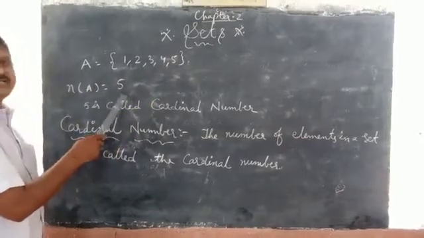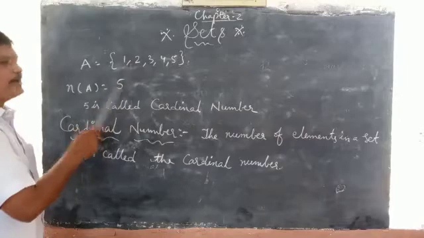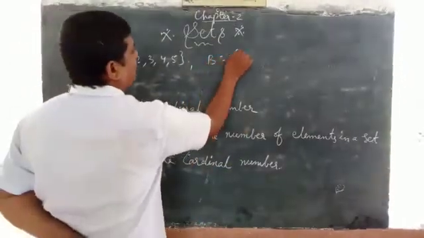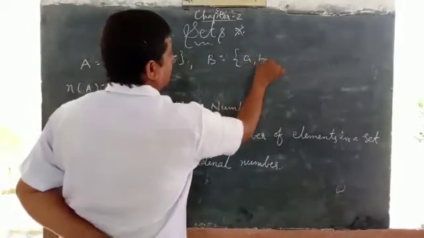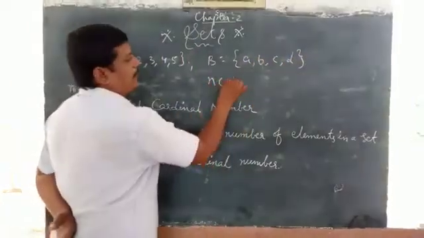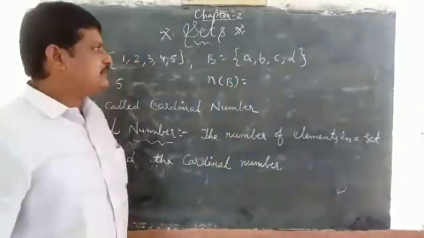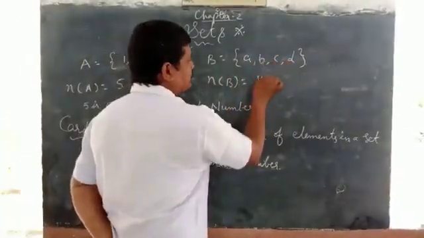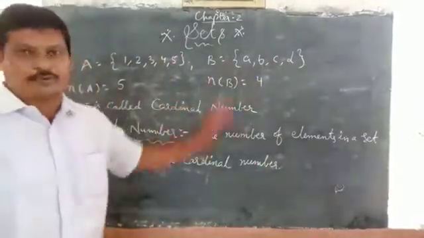How many elements are there in set A? 5. I will give you one more. B equals set of small a, small b, small c, small d. How many elements are there in B? 1, 2, 3, 4. So the cardinal number is 4. Understood?